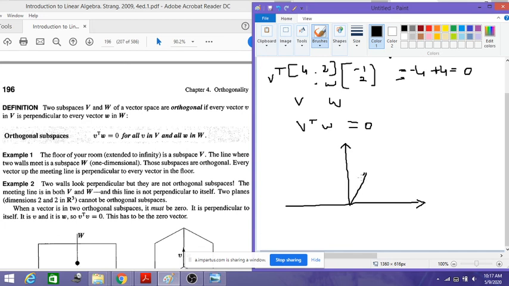So I get this one vector here. Then the other vector, that is minus 1 and 2, might be here. So this is minus 1 and 2.